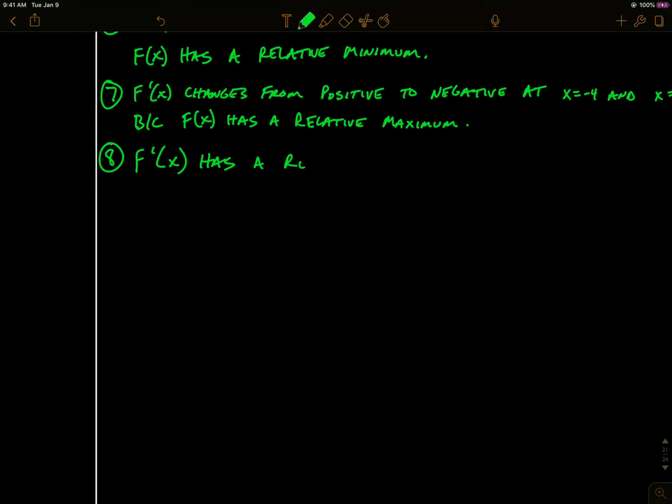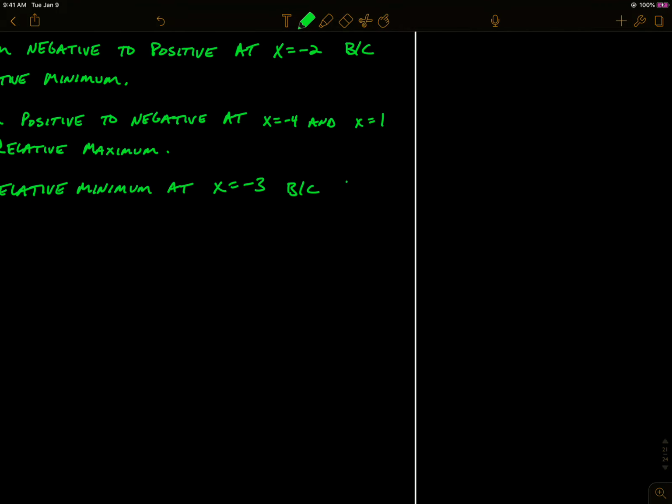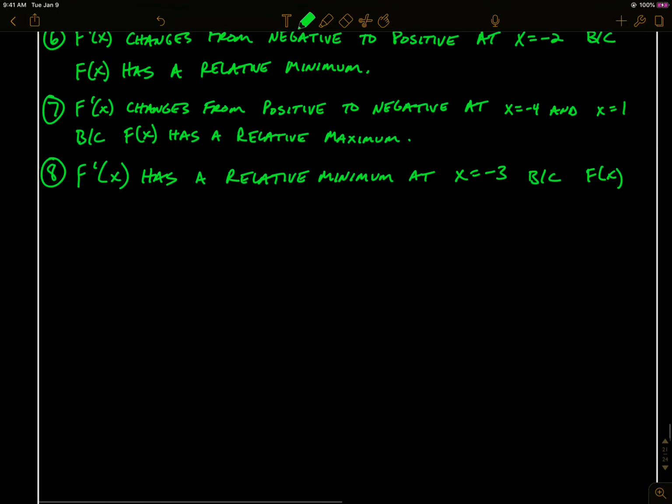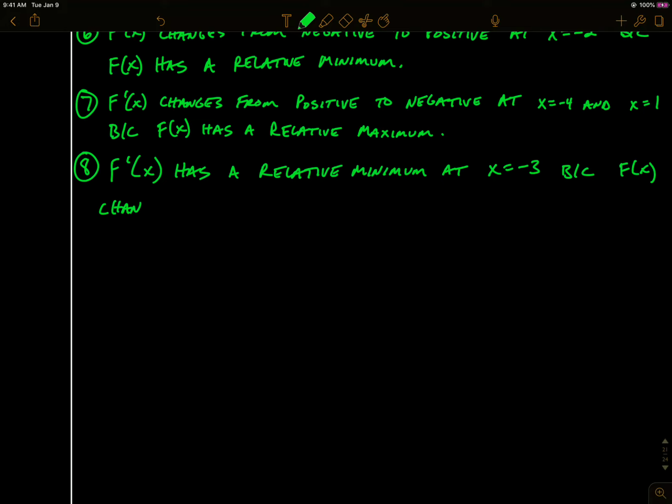has a relative minimum at x equals -3, because f of x changes from concave down to concave up. So a point of inflection on the original function means you have a max or a min on f prime.